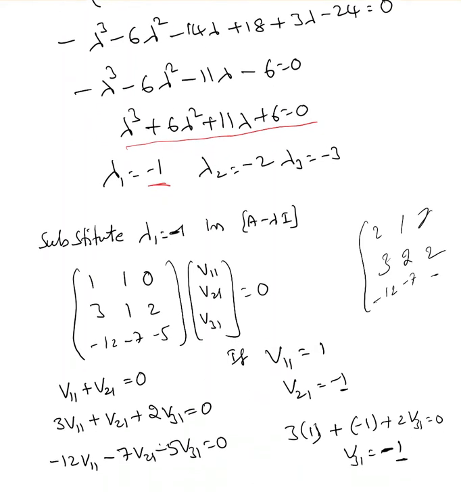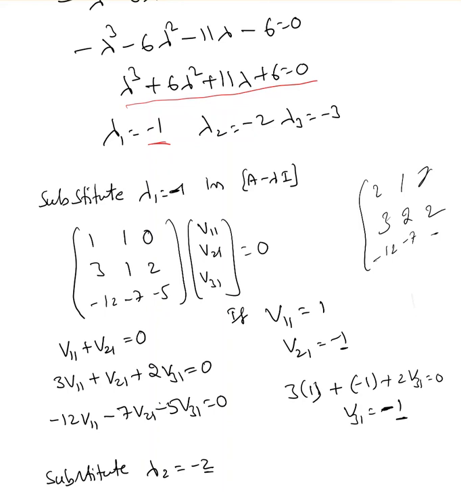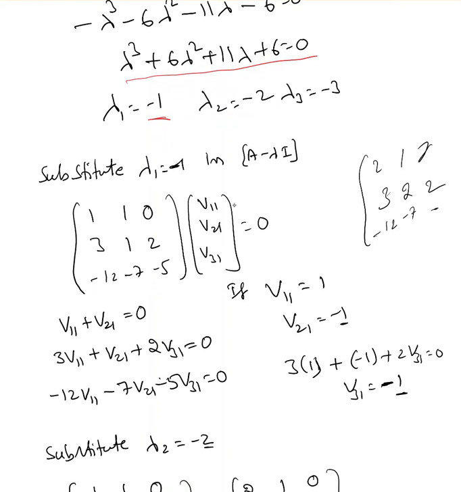Now I substituted lambda 1 equal to minus 1, so that gives [1 1 0; 3 1 2; minus 12, minus 7, minus 5]. This is the eigenvector, make it equal to 0.